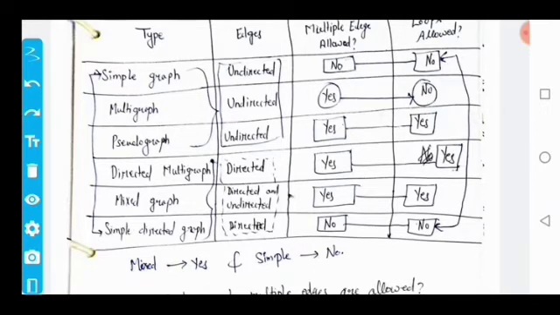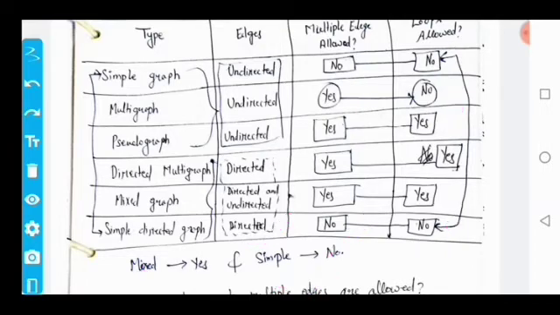So in the simple directed graph, the edge is a directed edge and no multiple edges are allowed plus no loops are allowed. And we say that in the case of the mixed graph both things are allowed, means multiple edges and loops are allowed, but in the case of the simple graph, multiple edges and loops are not allowed.